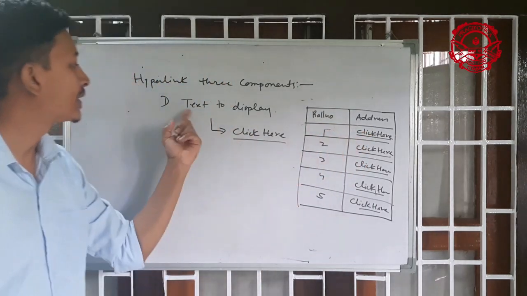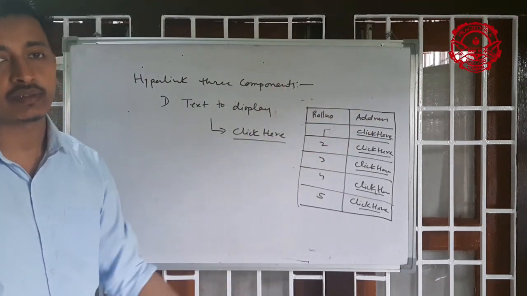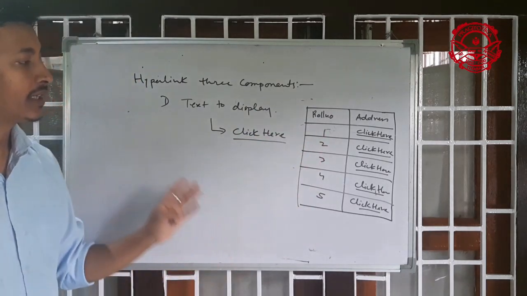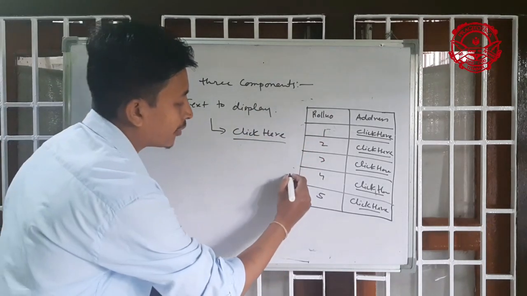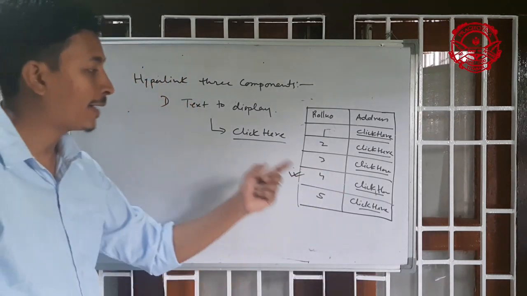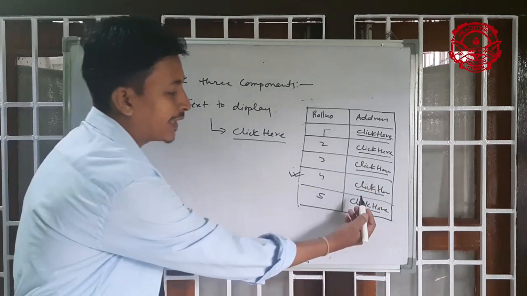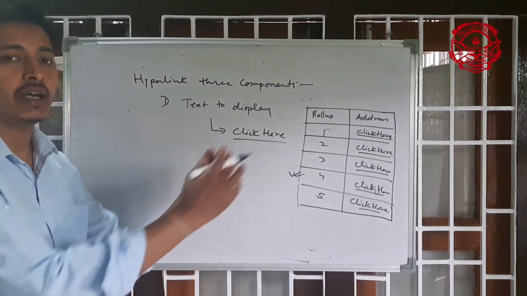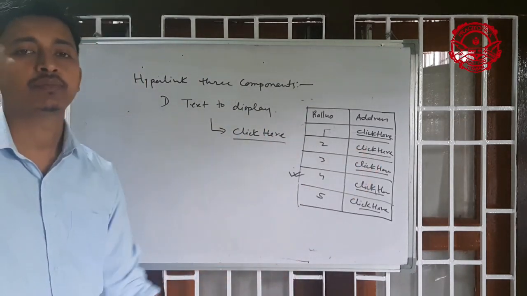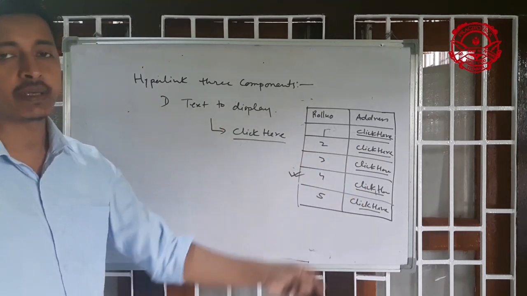This is called text to display. The address of roll number 1, 2, 3, 4, 5, 6, anything, will open. If I want the address of roll number 4, I have to click on this text, click here. When I click on the text, it will open the address. The student is Selai from Jorhat. So this is called text to display.